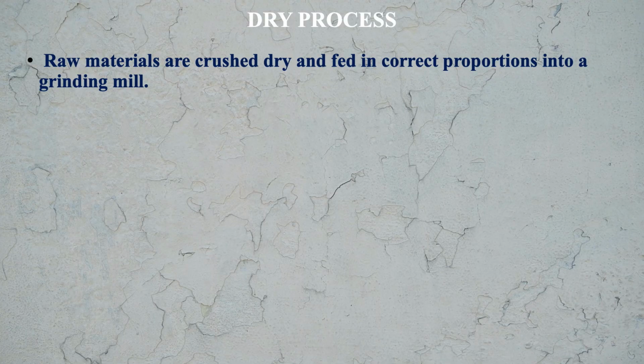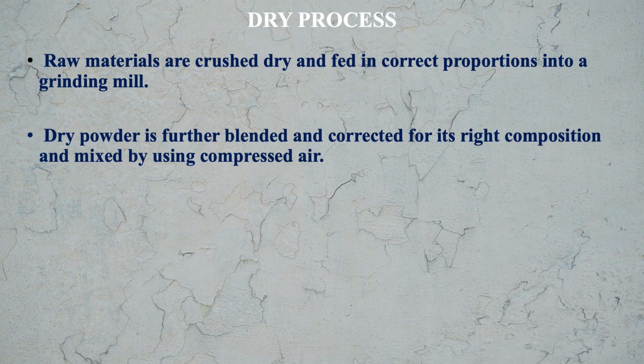Now let us see how another process of manufacture of cement works. Now, the dry process. In this process, raw materials are crushed dry and fed in correct proportions into the grinding mill. Now the dry powder is further blended and corrected for its right composition and mixed by using compressed air.